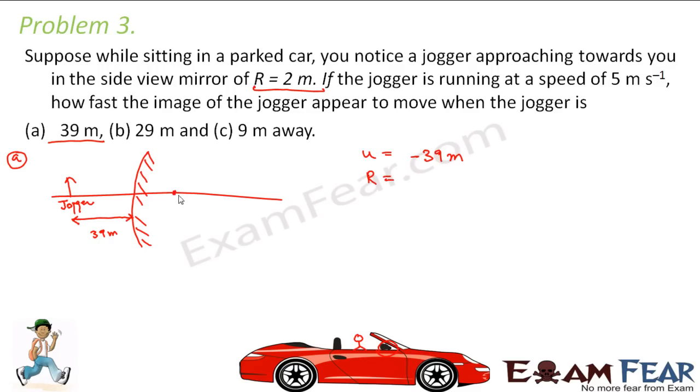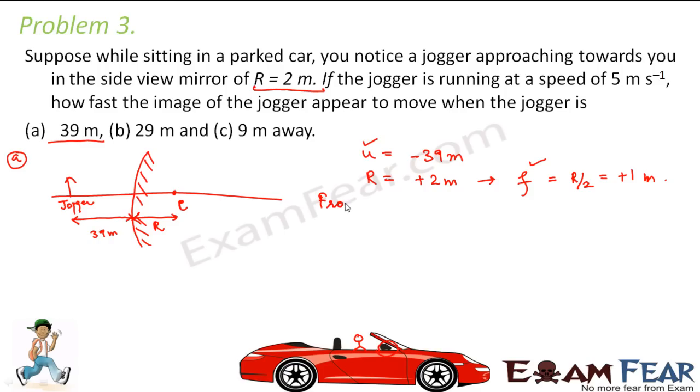Radius of curvature would be somewhere here. If this is the center of curvature, this would be the radius of curvature. So that is plus 2 meters. From this we can say that the focal length would be R by 2, which is equal to plus 1 meter. Now we know the focal length and the position of the object. With these two, we can calculate the position of the image when the jogger is at 39 meters distance from the mirror, right?